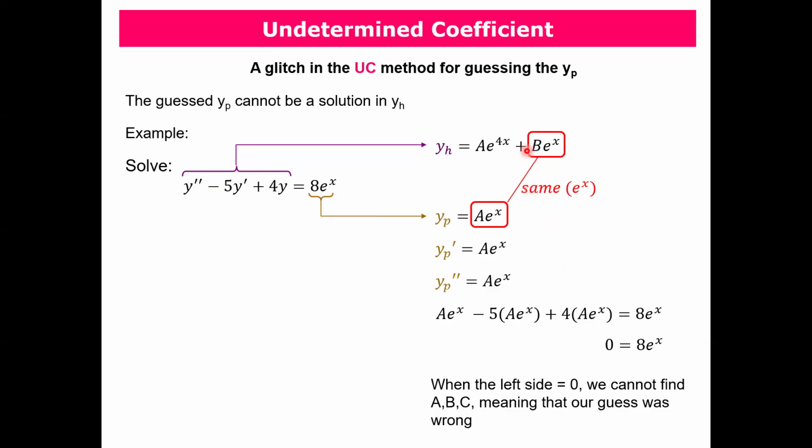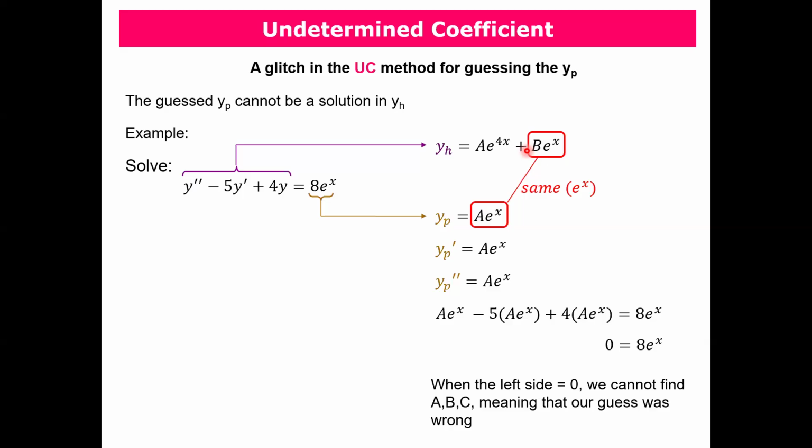Now, even if this method is very simple, because it involves guessing, there is a glitch in the method, meaning that we have to modify the assumption so that it will be correct. Sometimes our guess is not correct.